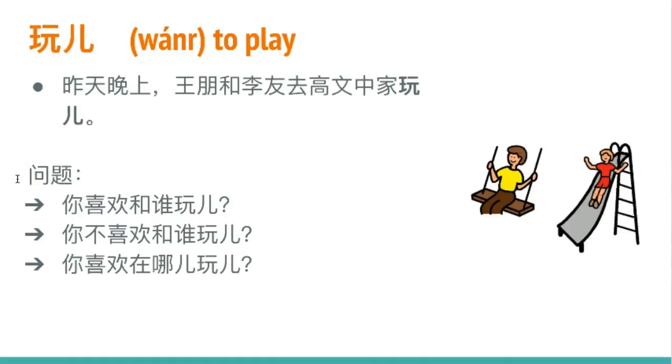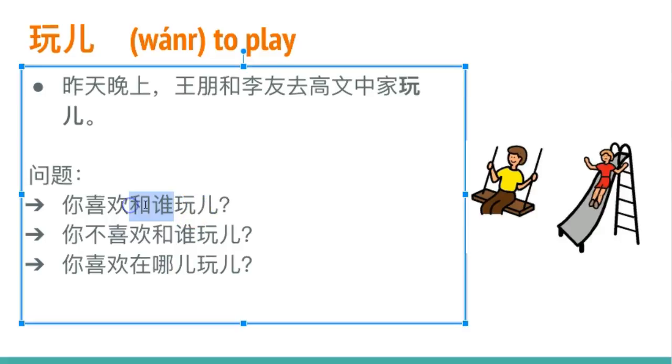玩 is just a verb. It means to play. Like you can say we play. 我们玩。你喜欢和谁玩？Right, with who do you play?